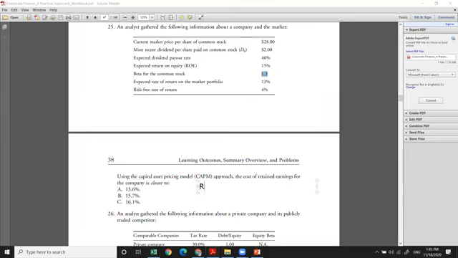So cost of equity by CAPM is 4% plus 1.3 times 13 minus 4. That would give us 15.7%. The answer is B. And question 25 is done.